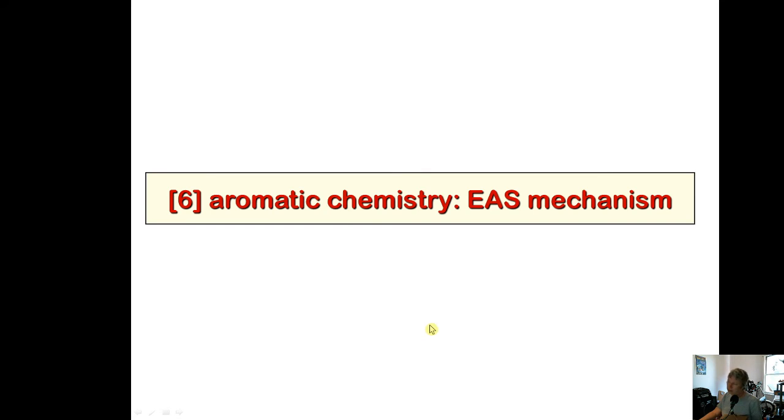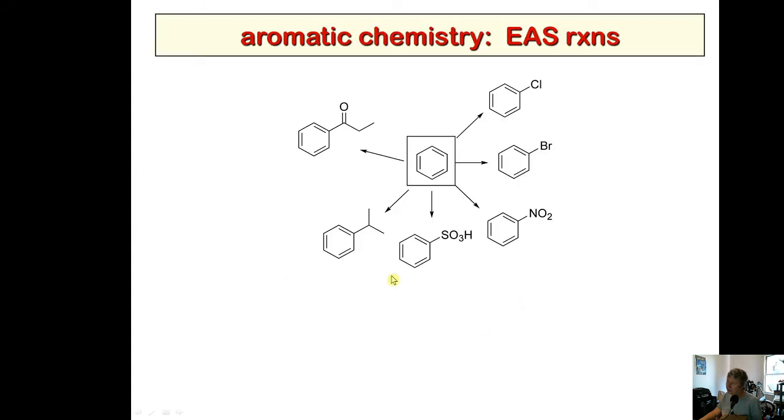Aromatic chemistry. So there's kind of its own little section, and we just want to review this. It's its own little world of aromatic chemistry. These are all the simple reactions you learn: chlorination, bromination, nitration, sulfonylation, alkylation, attaching an alkyl group. What's that? Something alkylation.